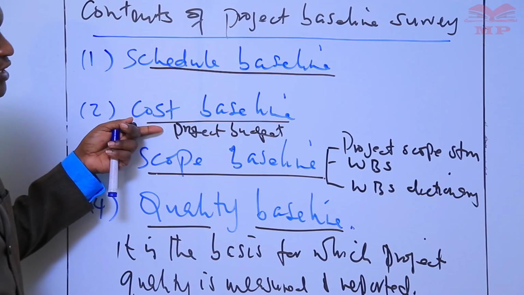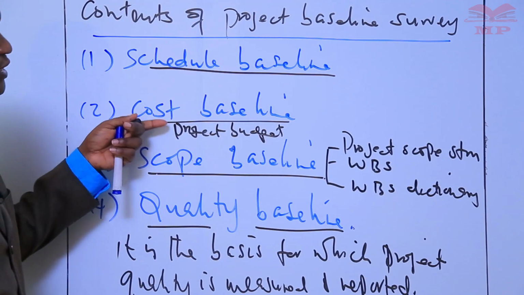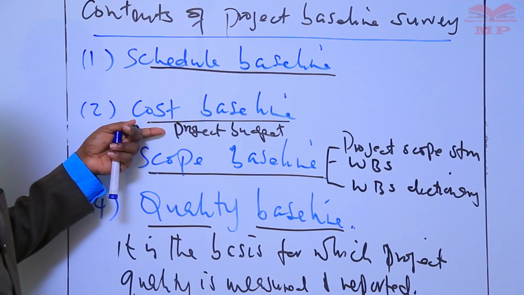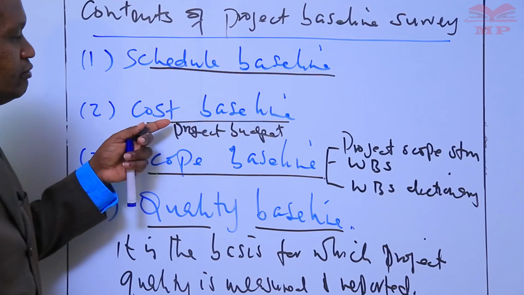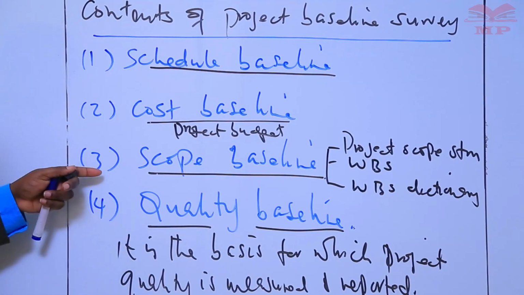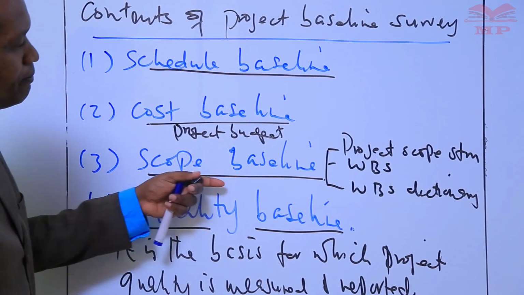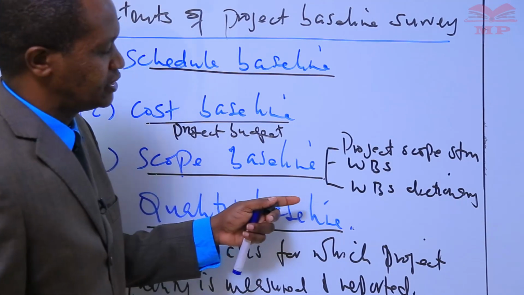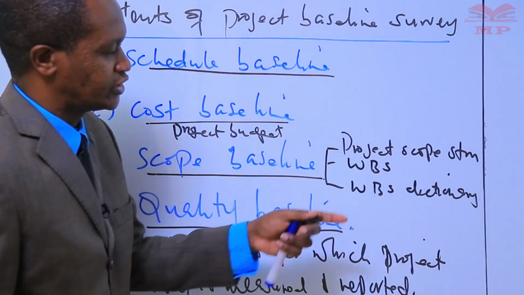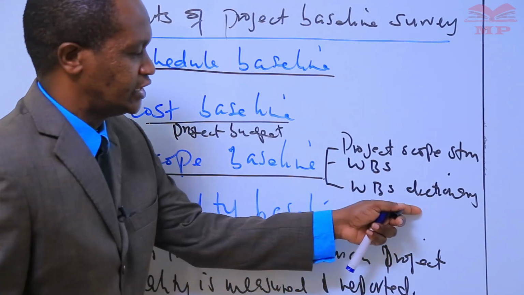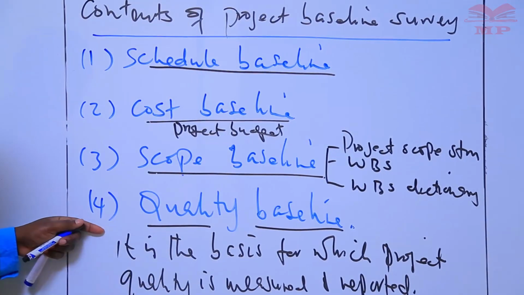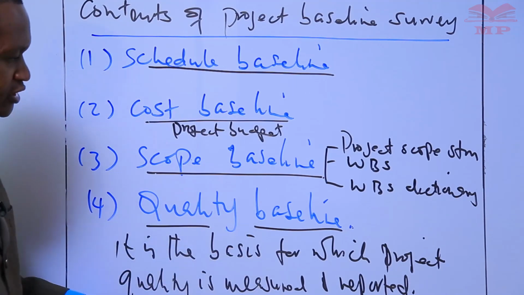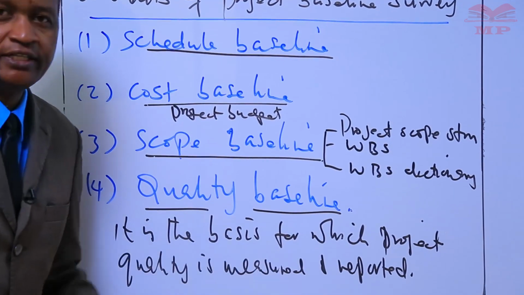And if there is any deviation from the cost baseline, then the actual expenditure must be brought back to the estimated cost baseline. Then we also have the scope baseline, which includes the project scope statement, the work breakdown structure, the work breakdown structure dictionary, and so on. Then there is the quality baseline, which is a basis for which project quality is measured and reported.